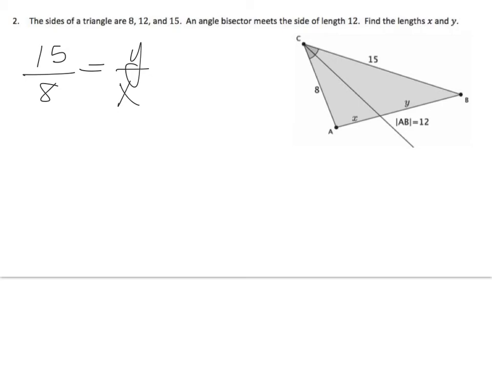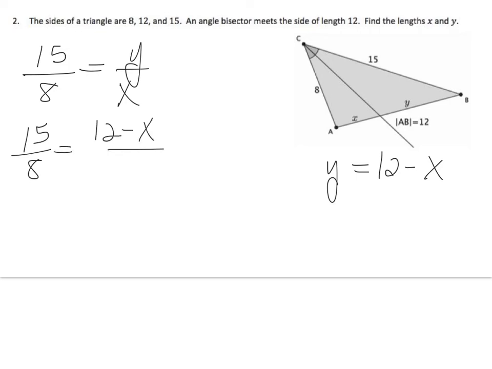If the whole thing is 12, let's say y equals 12 minus x. I think that's what I did last time. Oh well. Let's go ahead and substitute: y over x is 12 minus x over x.